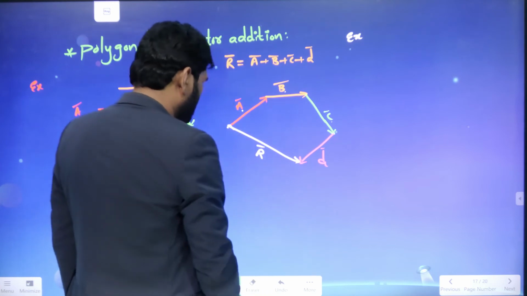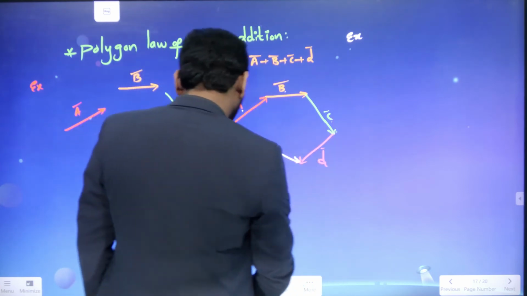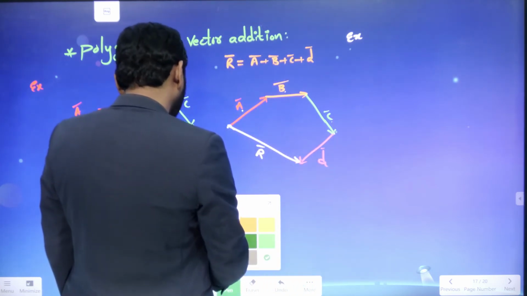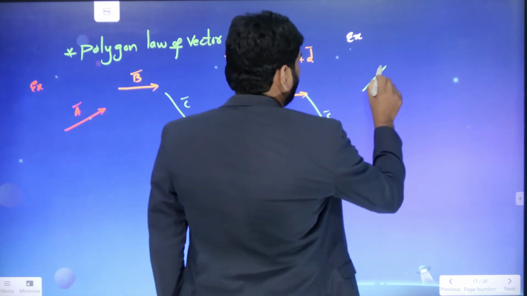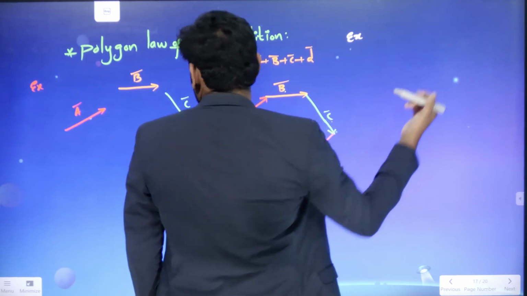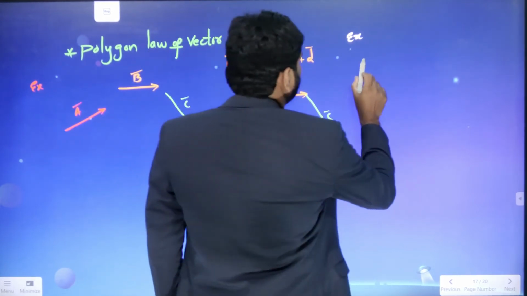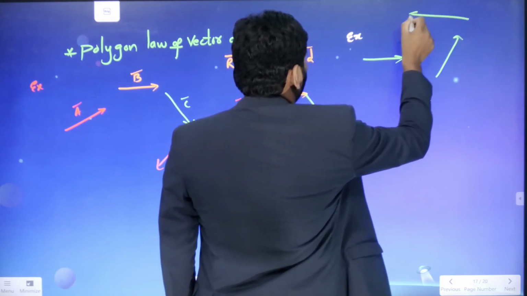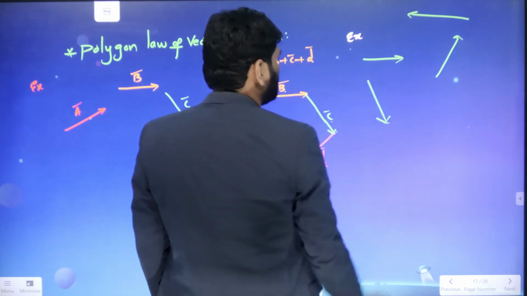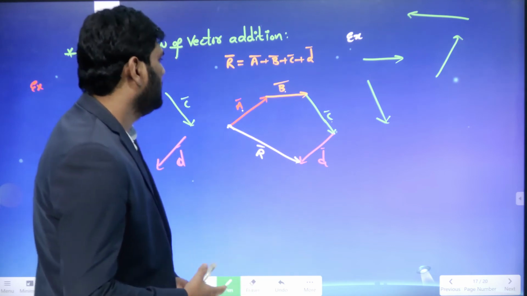Now I'll take many vectors. I'm not using colors, or else you can use colors. This is one vector. You can take any direction, not an issue. This is one vector. This is one vector. This is one vector. How many are there here? 4.